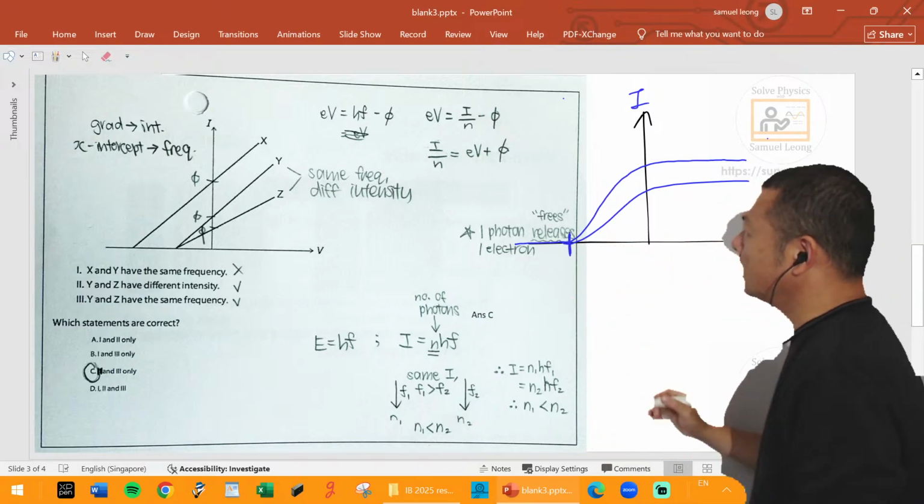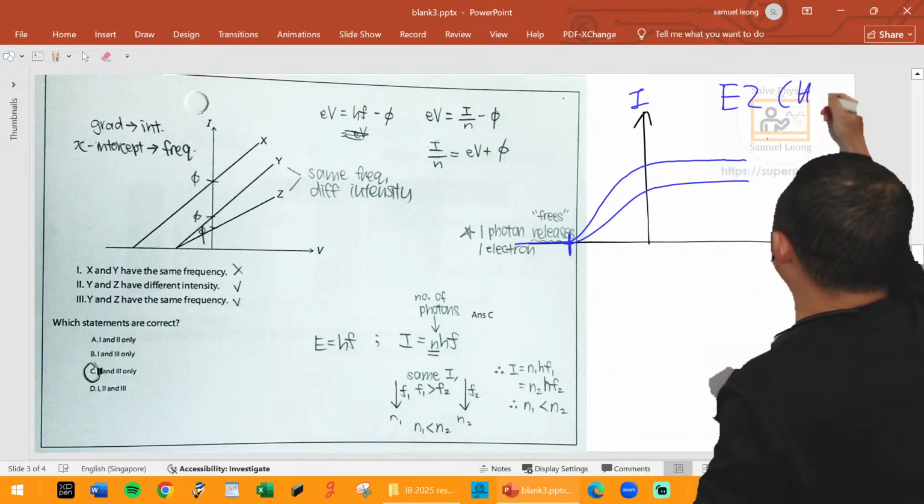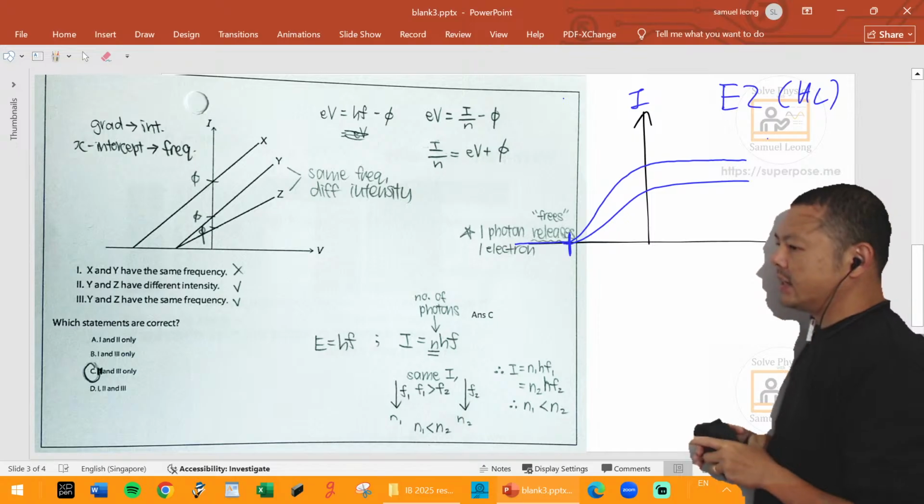By the way, for the SL, just be careful. This is E2, this is HL only, just in case you're staring at this and trying to figure out what's going on.